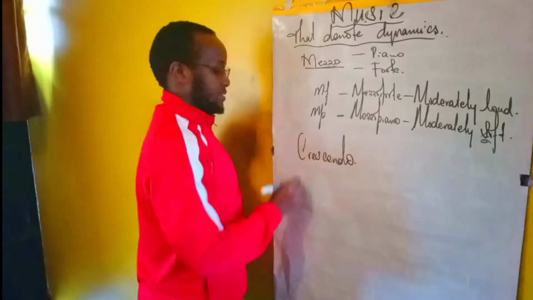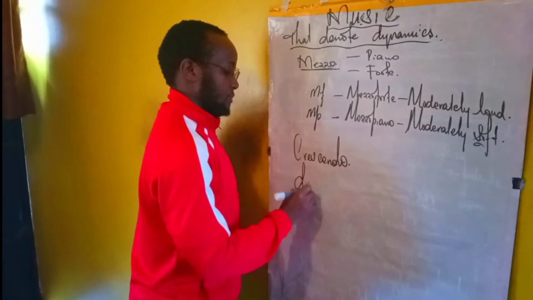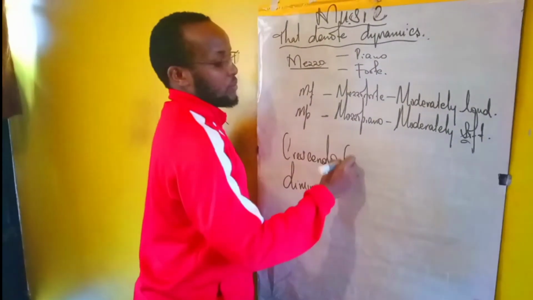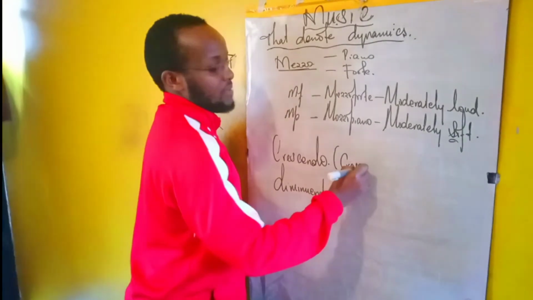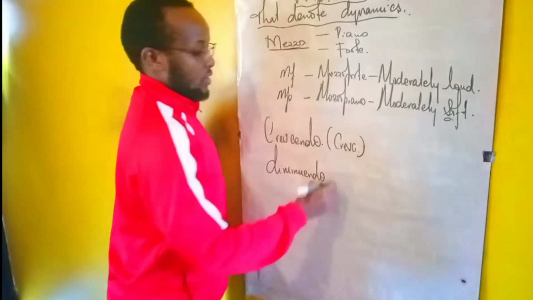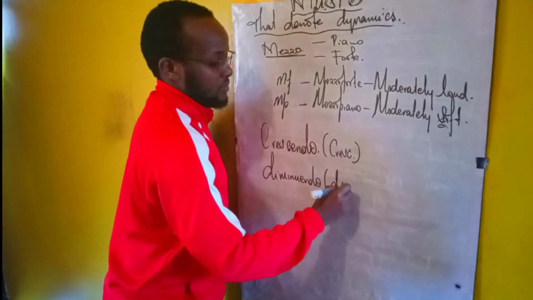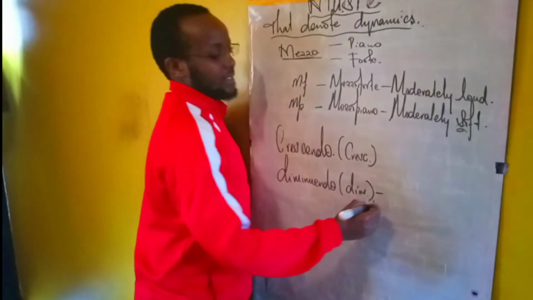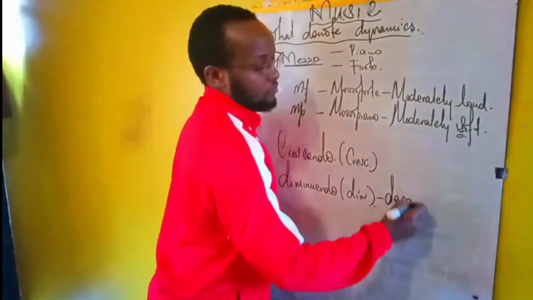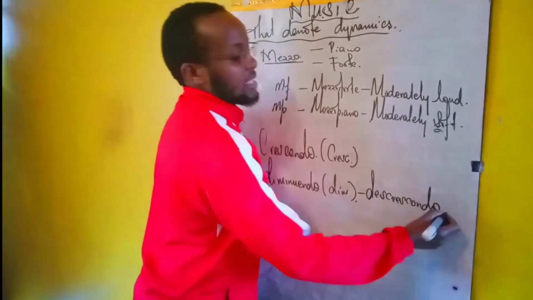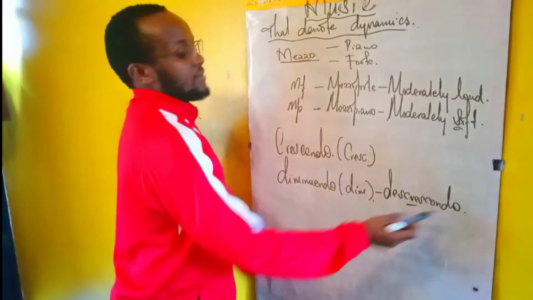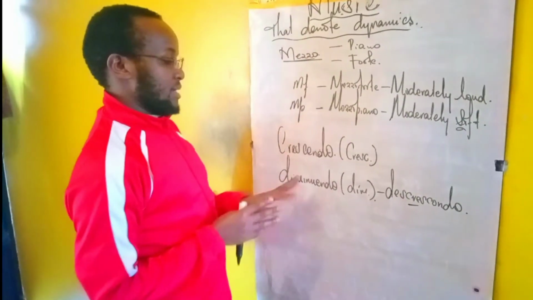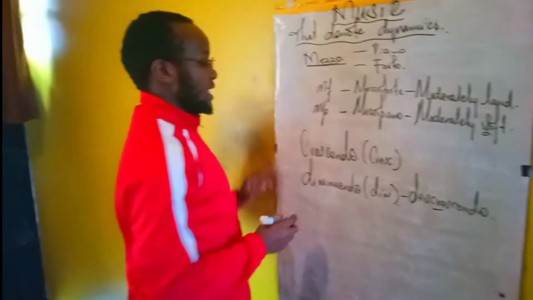Crescendo and diminuendo. Crescendo could be represented by just cres, or dim for diminuendo. Diminuendo, we could also call decrescendo. They denote the dynamics of performance. Let us look at crescendo.